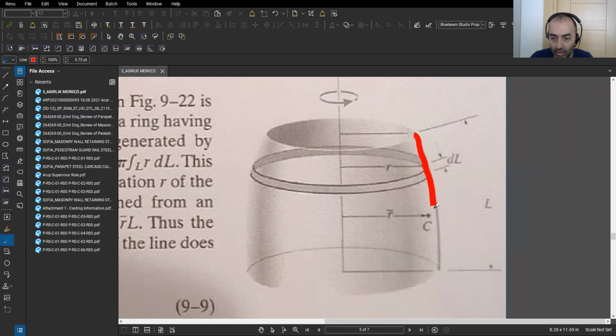I have this line. And the question is, if I rotate this line, or this shape, this is not a line, this is a curved member, around a given axis at this point.